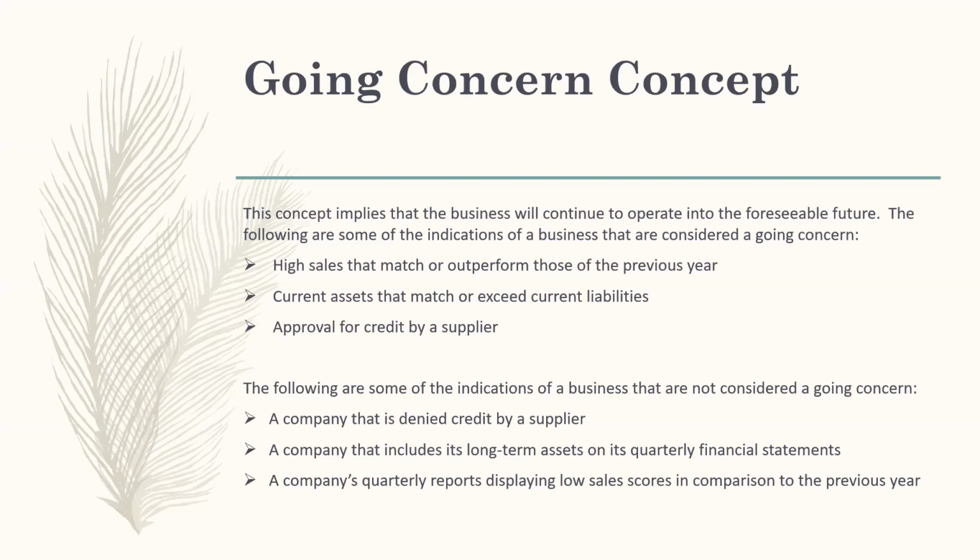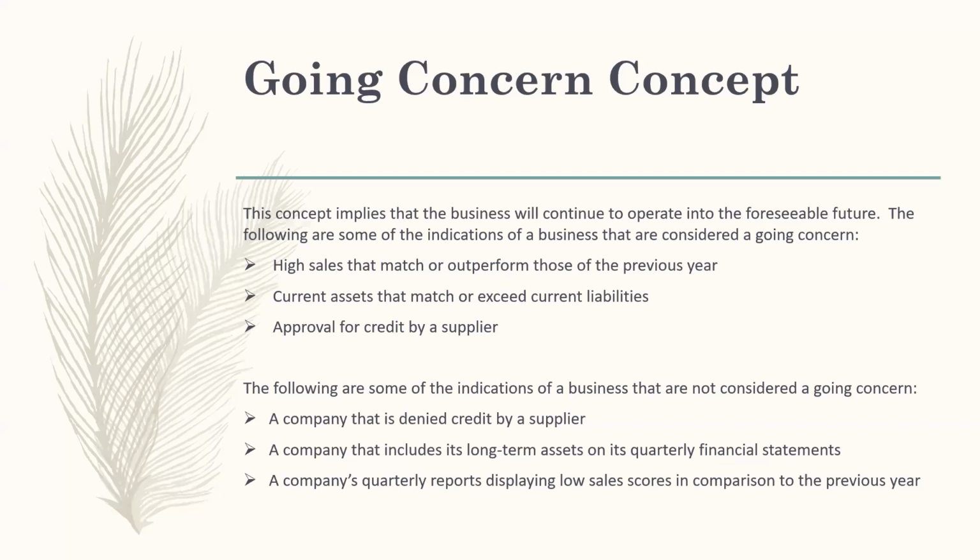For instance, with a short-term loan, if your cash, a current asset, is more than your current liability, the loan, that's a clear indication that you have enough cash to pay your expenses. So that is another indication that a business is a going concern.